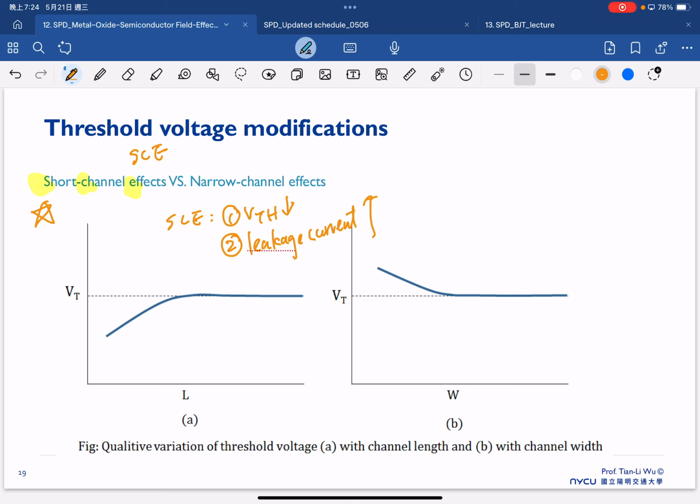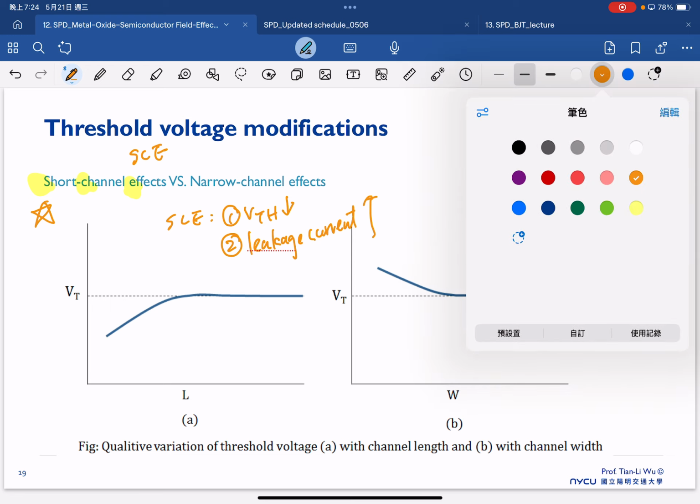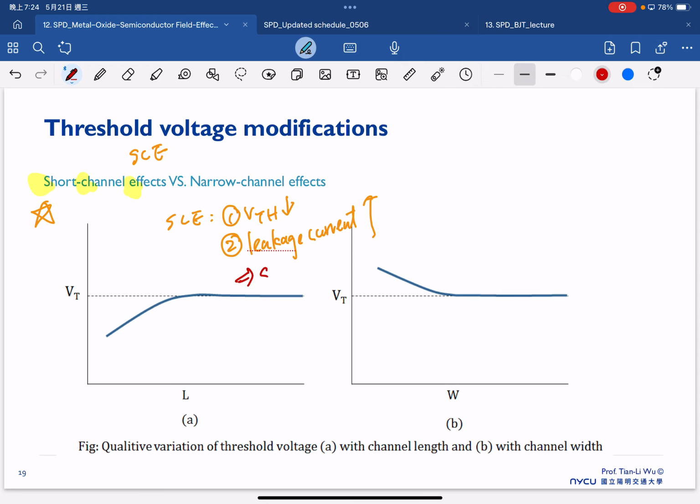We always want to make sure our off current is as low as possible. But once the channel length decreases, the off current actually increases. And to solve this issue, that's why we came up with the SOI technology. We came up with the FinFET technology.